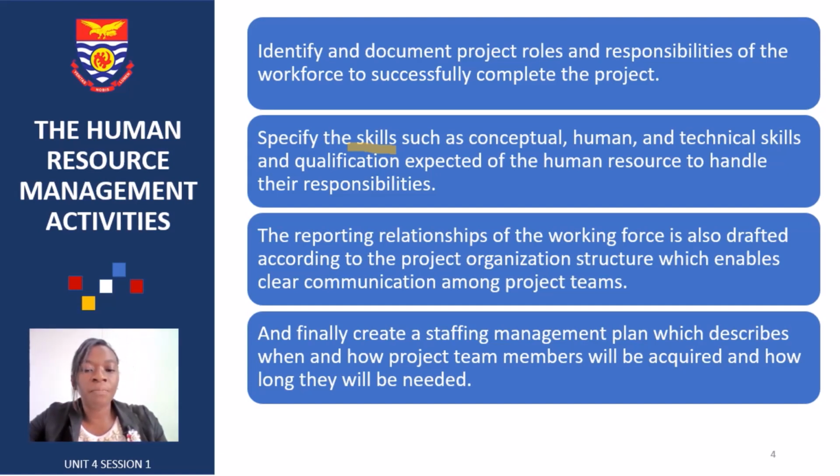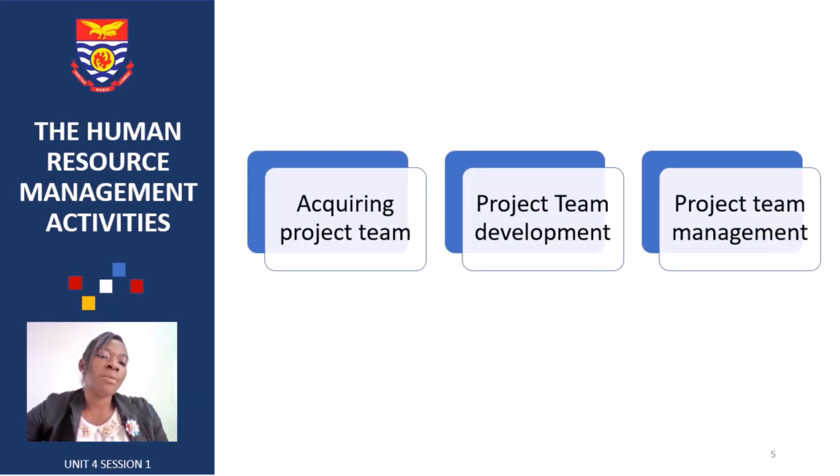Finally, there should be a staffing management plan which describes how the project team members will be acquired and how long they'll be needed for the project. So the human resource function starts with acquiring the project team, and once they come in, we then need to retain and develop them. And of course, there's also the project team management.